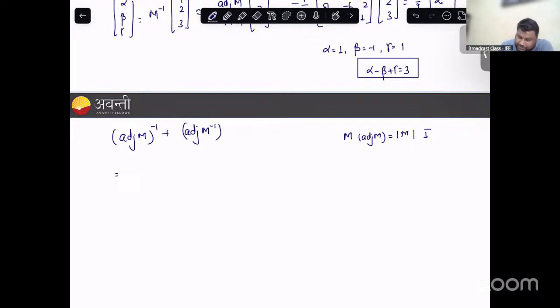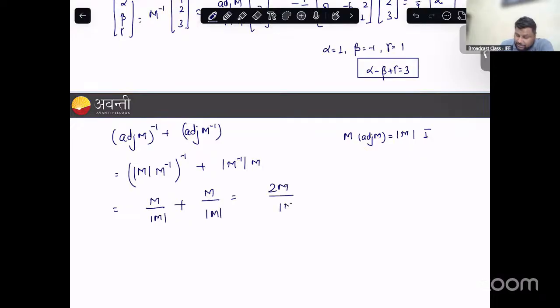Now this is adjoint of M. Adjoint of M is going to be determinant of M into M inverse, whole inverse plus adjoint of M inverse is determinant of M inverse into M. So this is M upon determinant of M. This is also M upon determinant of M. That is 2M upon determinant of M. Determinant of M is minus 2.